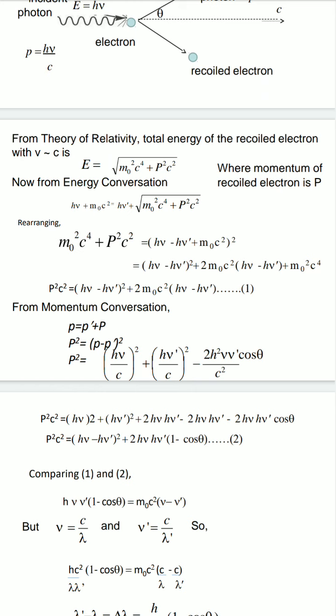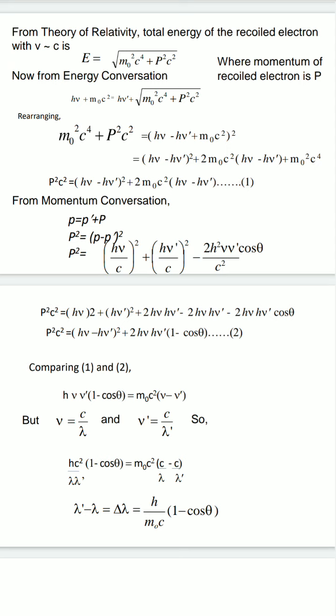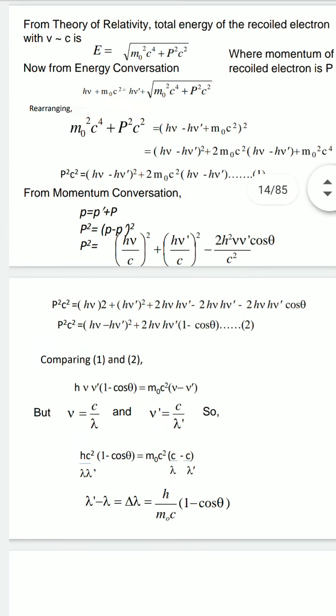P square is equal to h nu by c whole square plus h nu dash by c whole square minus 2 h square nu nu dash by c square into cos theta, because p dot p dash is p p dash cos theta. Remember that p and p dash have a direction. They are vectors and they make an angle theta.